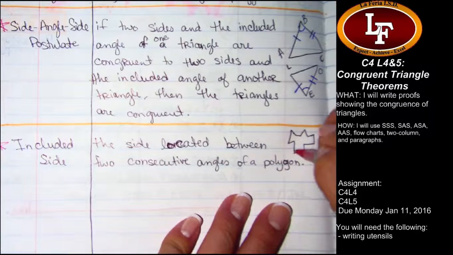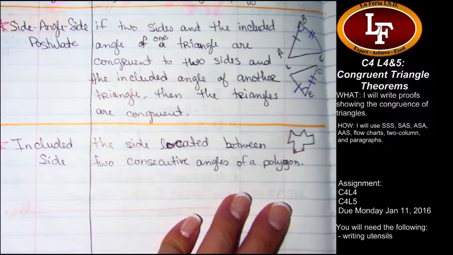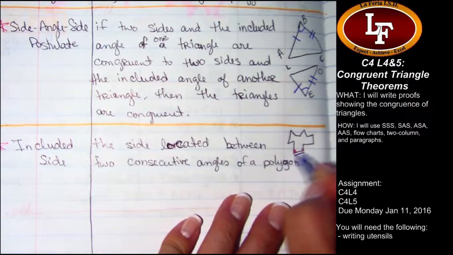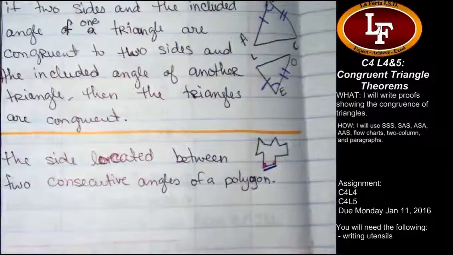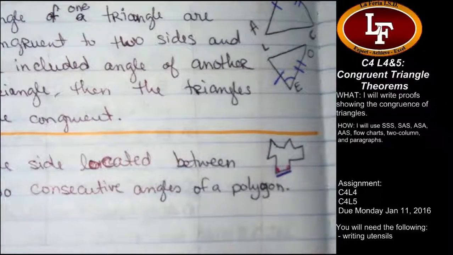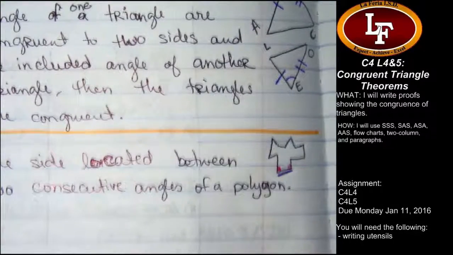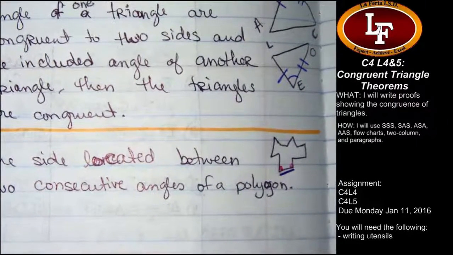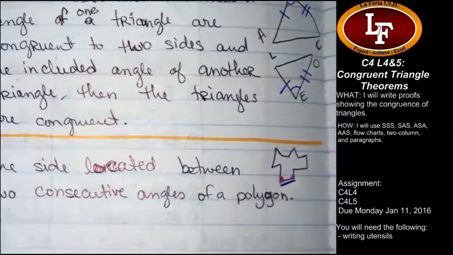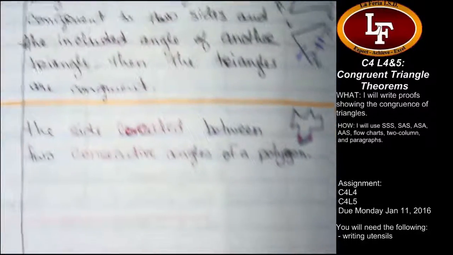So if I start with this angle right here, the next consecutive one would be this next one over, which makes this side the included side. I'm going to zoom in a little closer on that diagram to make it easier to see.